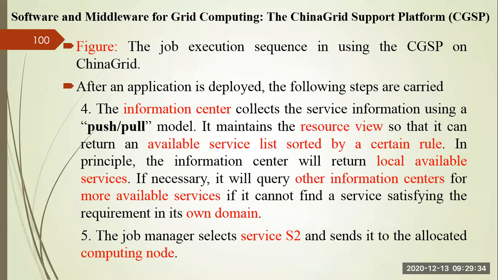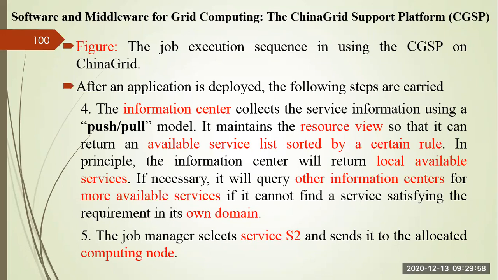And if you see, the information center also maintains a resource view, so that it can return an available resource list sorted by a certain rule. For example, if you want to sort the resources based on the price, it will do. If you want to sort the resources based upon the availability, that also you can do.